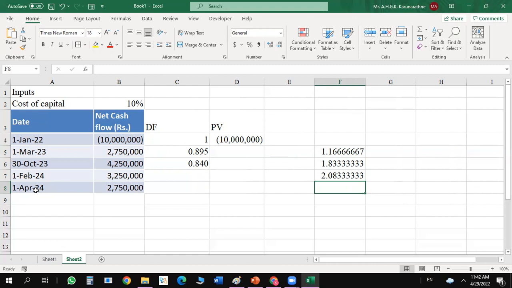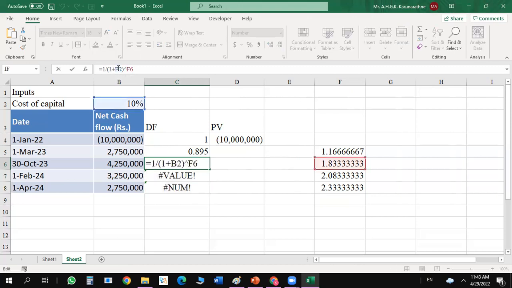So 3 months completed, plus full years 2022 and 2023, so 2 years and 3 months. This is in terms of number of years. So we can copy this down. Why can't we copy? Because this particular rate has not been fixed by pressing F4. Now we can copy.